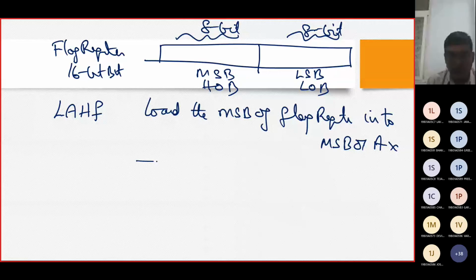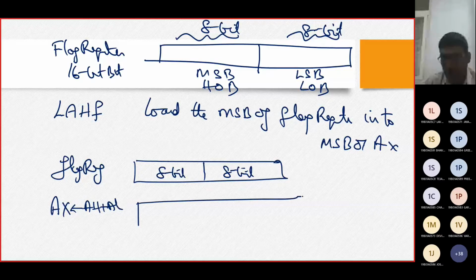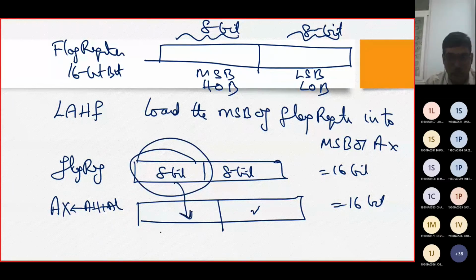So how is it possible? I just mentioned here the flag register, which is 8-bit and 8-bit. Then we have AX, which is AH plus AL. This is also 16-bit. Now this content will remain the same, and the content that is pushed will be moved to AH.